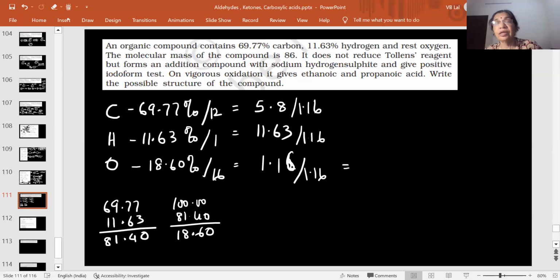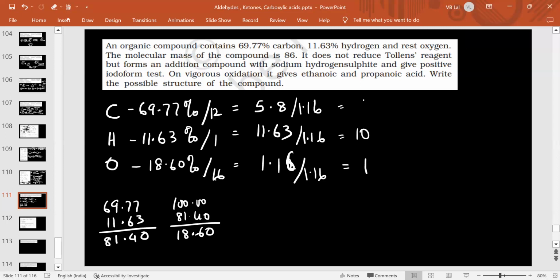So here what will I get? Here I get 10. Here I get 1. What will I get here? I think it should be 4, or 5. Not 5. It is 4 only. C4H10O.